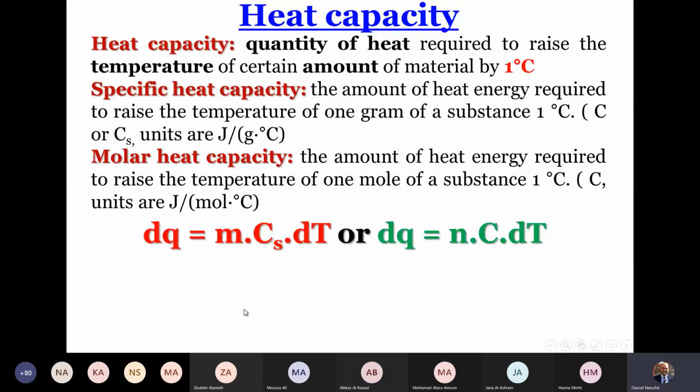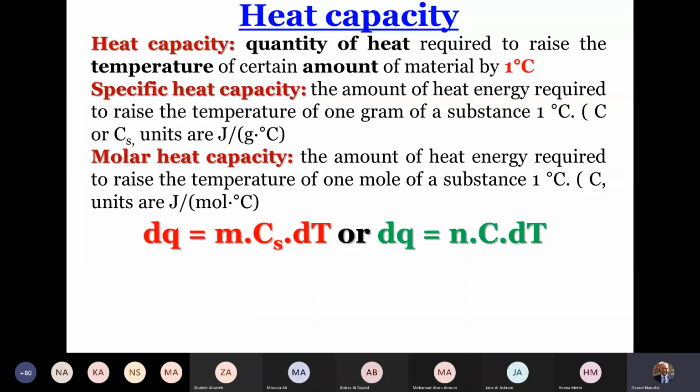So what is the energy absorbed or released to increase the temperature of a substance? Suppose I return to the example of the metallic piece. I put this metallic piece on a heater.